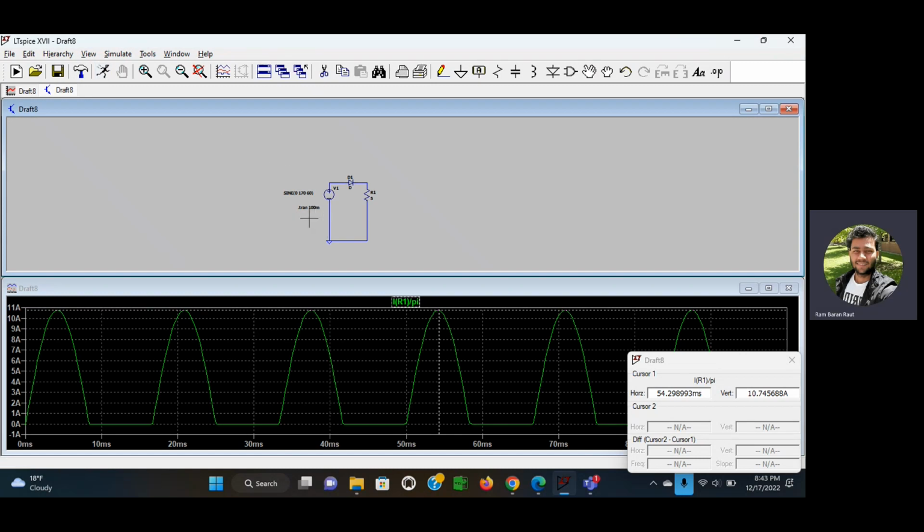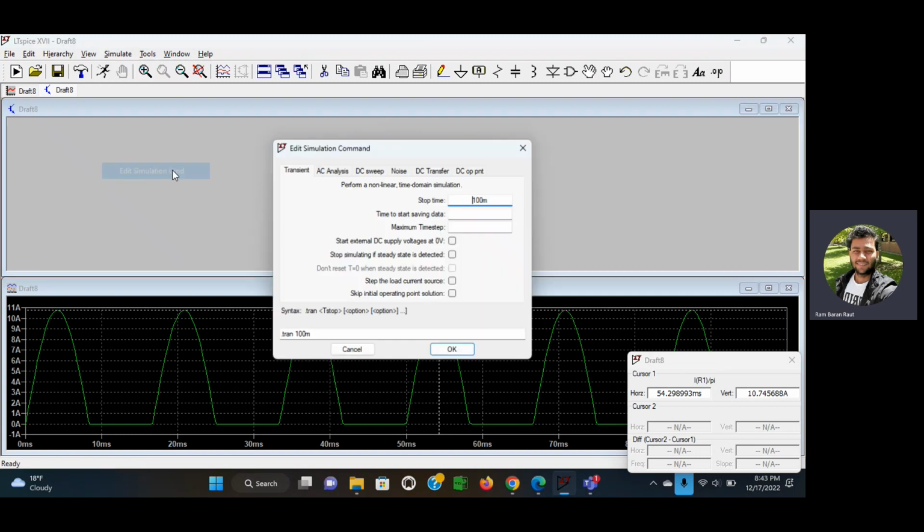We are going to run a transient response. I have set up the transient response in the edit simulation command.